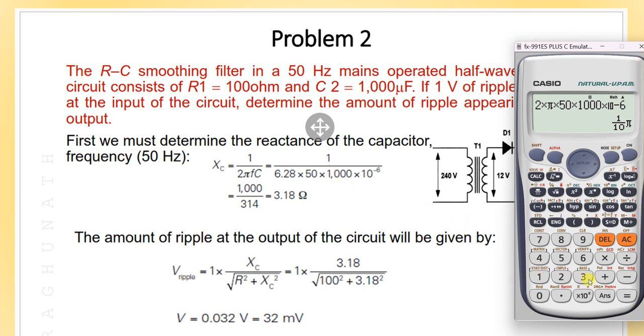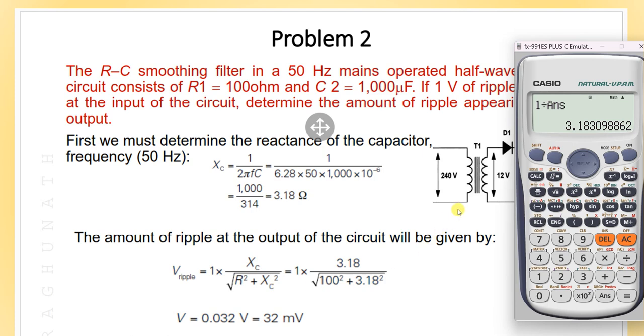You can do 1 divided by the answer, or you can use the x inverse key. Now 1 divided by the previous answer. It is getting 3.18. So 3.18 is the answer. You can express the reactance of the capacitance in ohms.